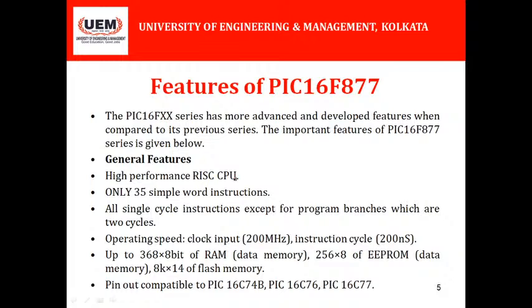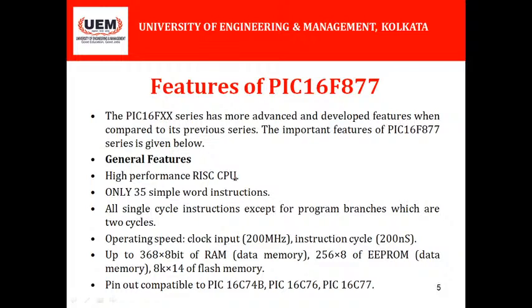Most of the instructions are basically single cycle instructions. That means they can be finished within 4 or 3 T states, except branch instructions, which are finished in 7 or 10 T states.